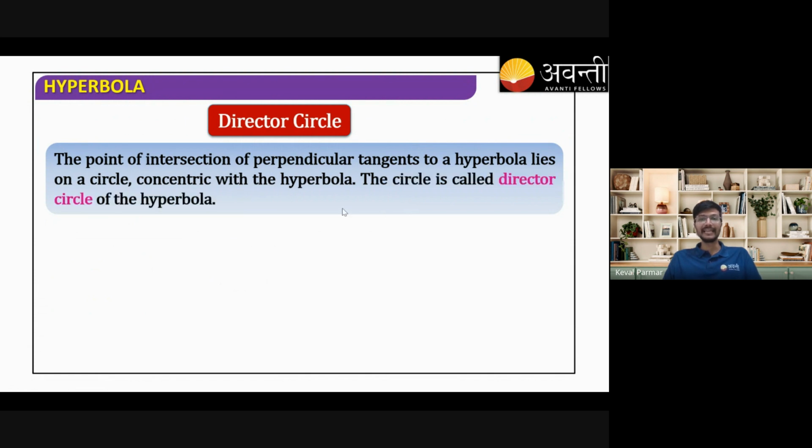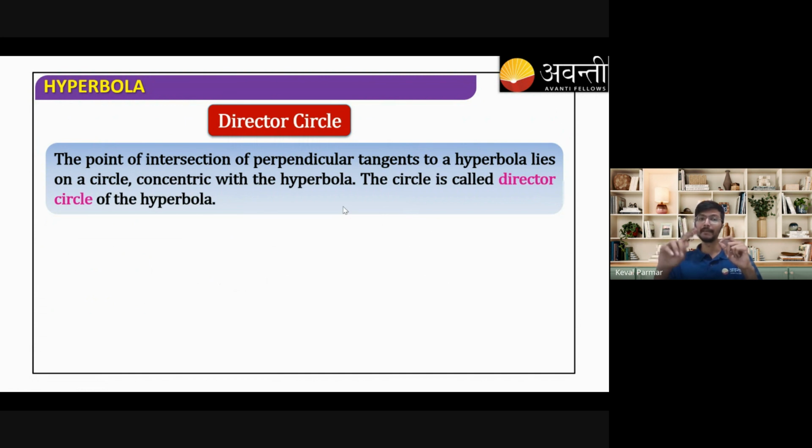It's called the director circle. Now the tangents are perpendicular. Please remember the quadratic equation which we got, whose roots were m1 and m2. Now, if both of the tangents are perpendicular to each other, that means the product of the roots will be -1.